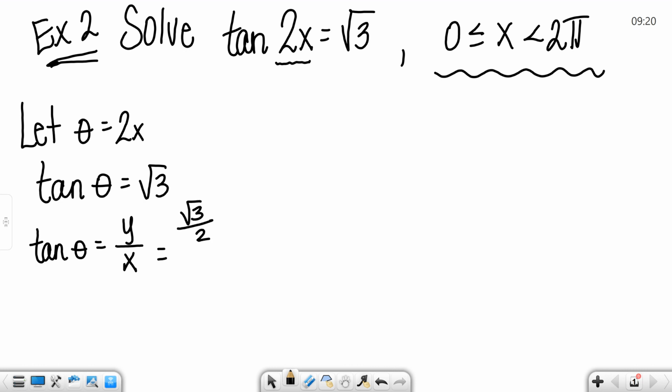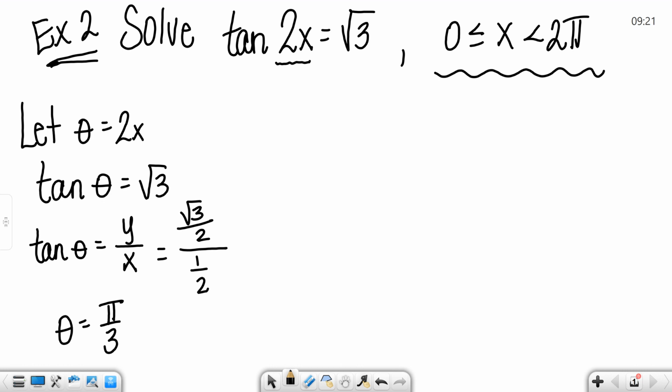Well, that happens when I have the ordered pair square root of 3 over 2, 1/2. So that's what we're looking for, a y value of square root of 3 over 2, an x value of 1/2. I know that happens in the first quadrant at pi over 3. So I know for sure that tangent of theta is the square root of 3 at theta equal to pi over 3.